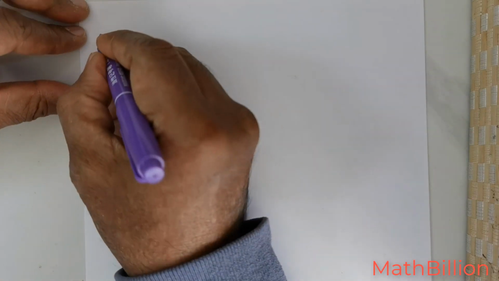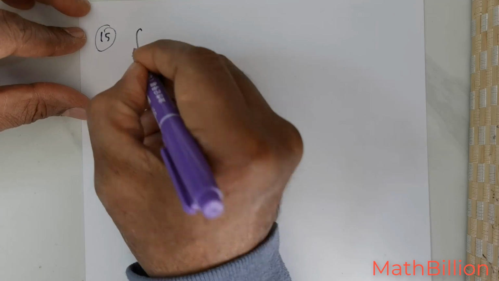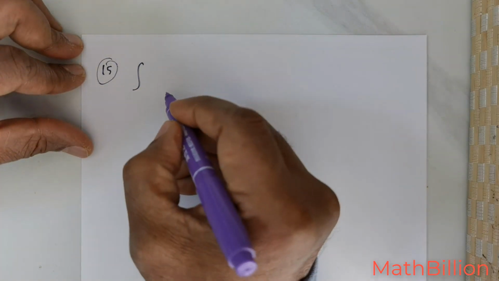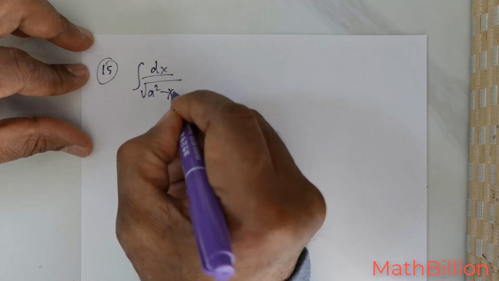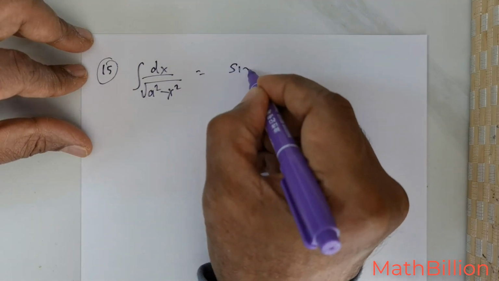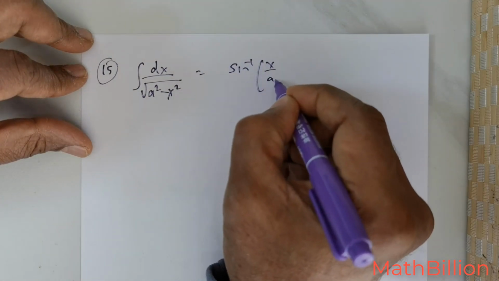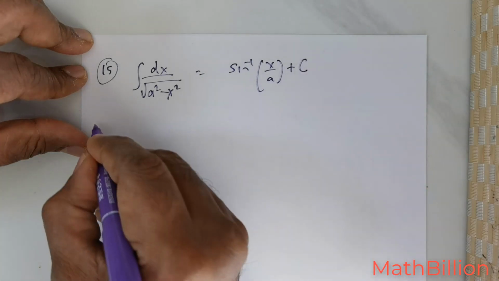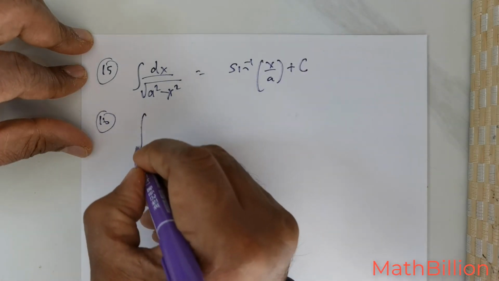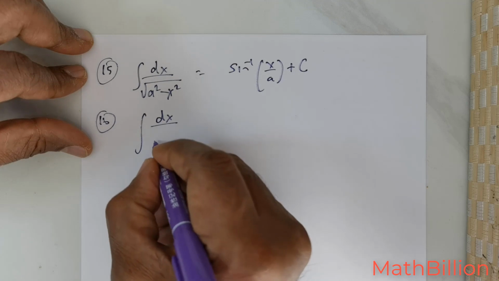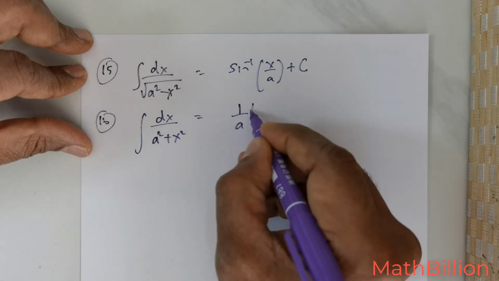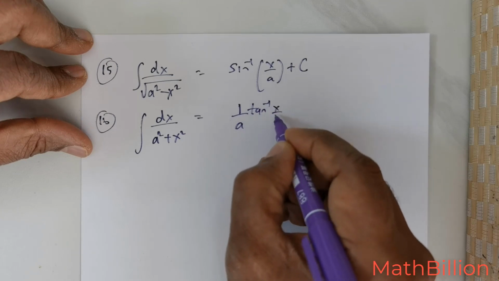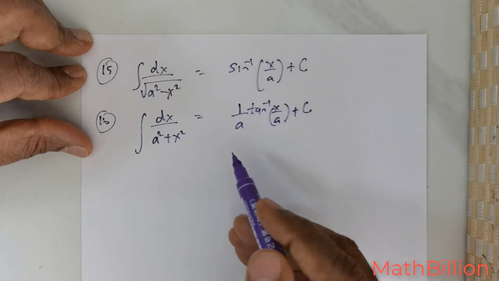Now this is number 15, integral of dx divided by square root of a squared minus x squared is equal to, very important, sine inverse of x over a plus arbitrary constant c. Number 16, integral of dx divided by a squared plus x squared is equal to 1 over a tan inverse of x over a plus arbitrary constant c.